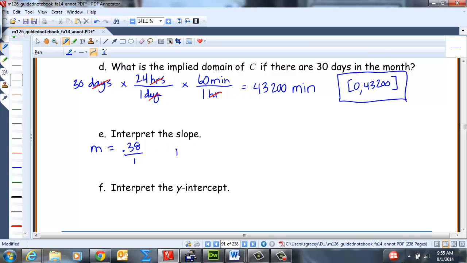It means for each 38 hundredths of a minute used, you pay an additional $1.